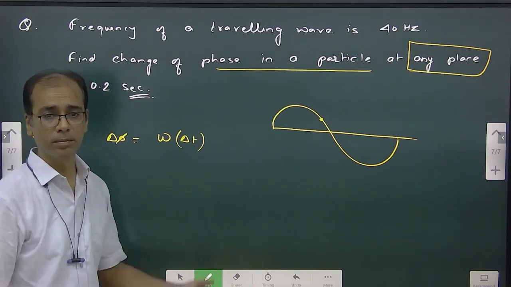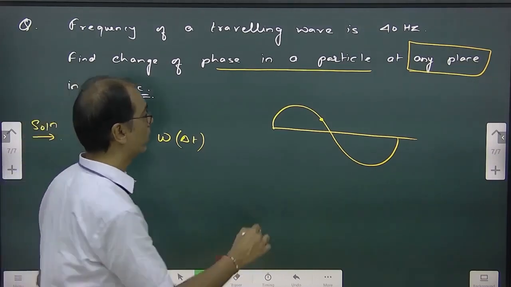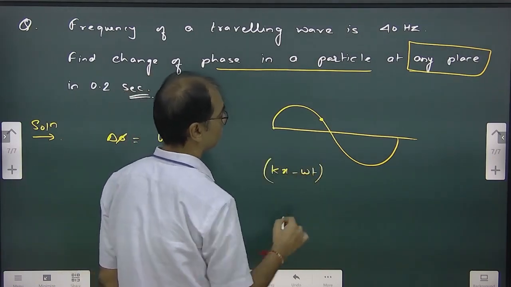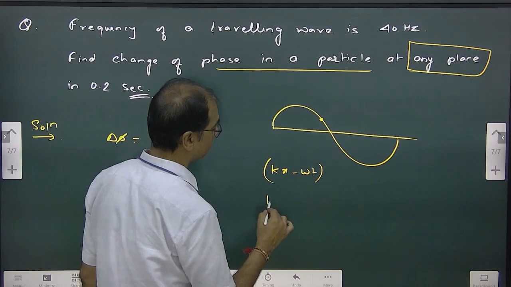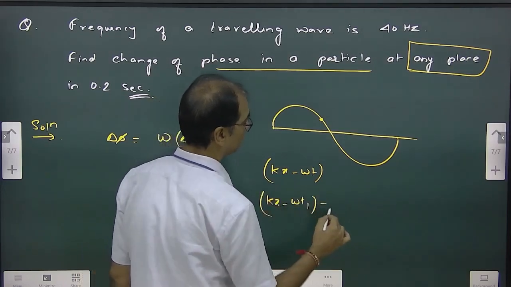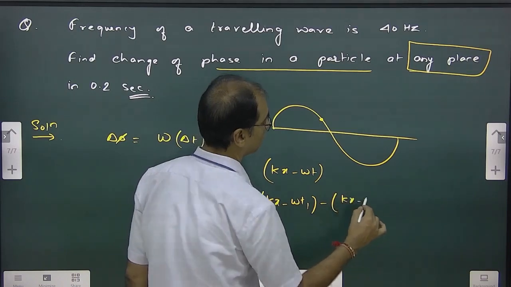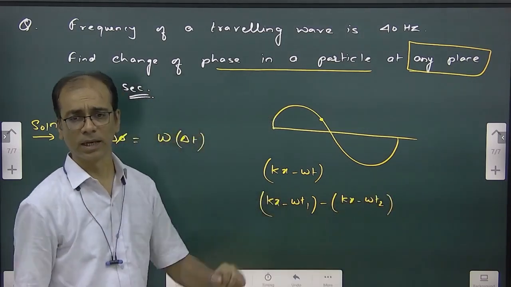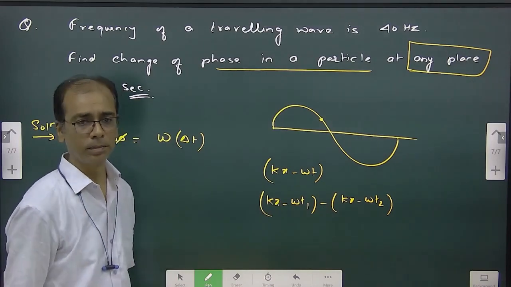Because x is same. Actually phase is what? kx minus omega t, no? So what is the difference here? First case: kx minus omega t1 minus kx minus omega t. kx cancelled because x is same. So what we got?